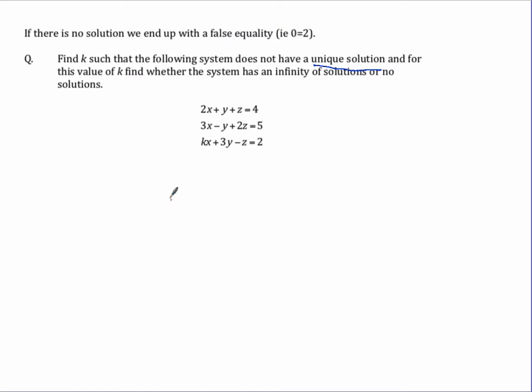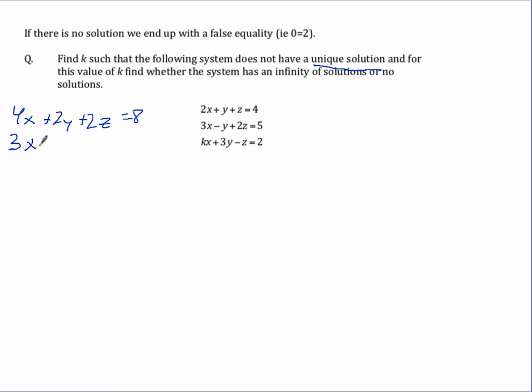We want to eliminate x's and y's and try to solve for what x is, right? So maybe let's get rid of the z's first. Okay, so we can multiply 2 by the first equation, we get 4x plus 2y plus 2z equals 8.